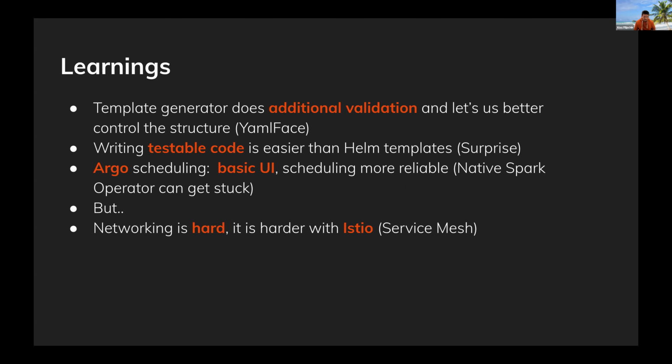There are buts. Networking is hard in general. On Kubernetes, a cutting-edge stack, we use Istio. It's a service mesh, and there are gotchas. I'll talk about them. Scheduling is still not signal-based. What do I mean by that?